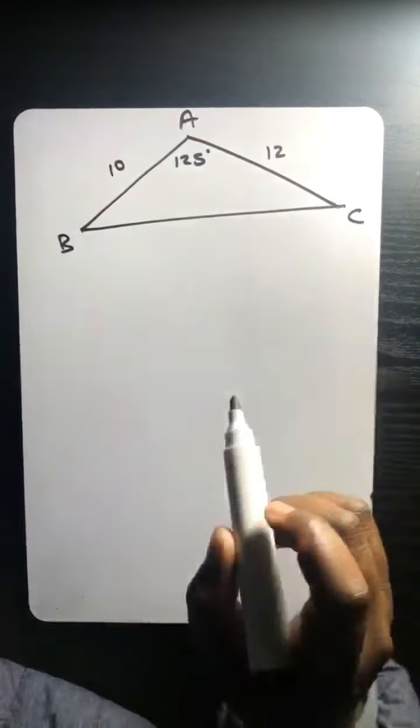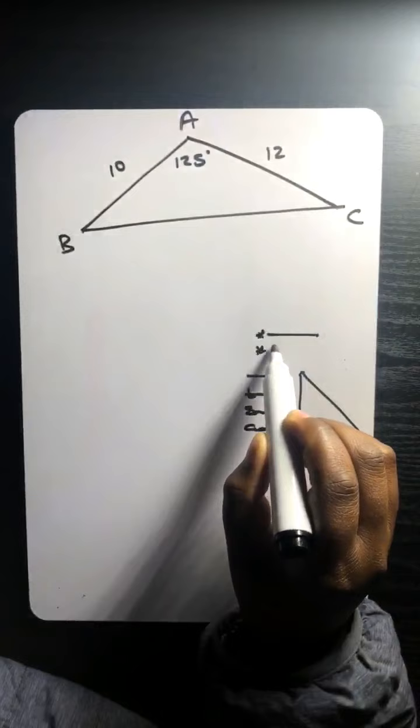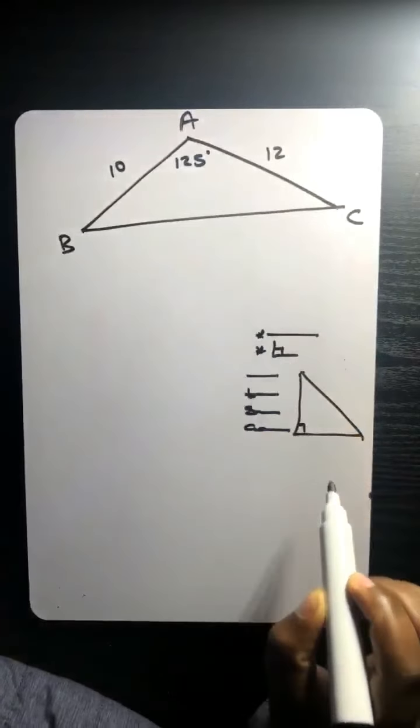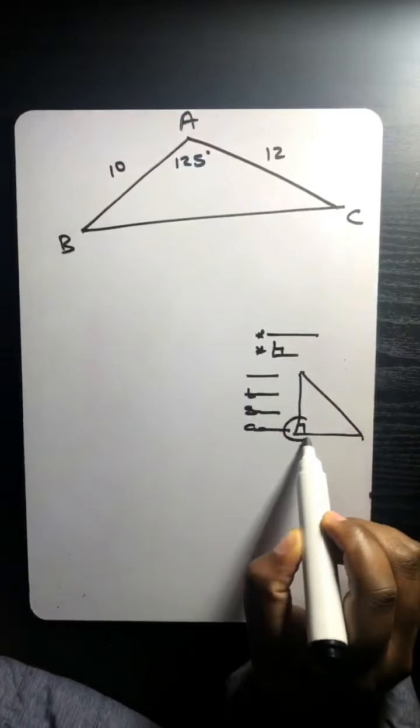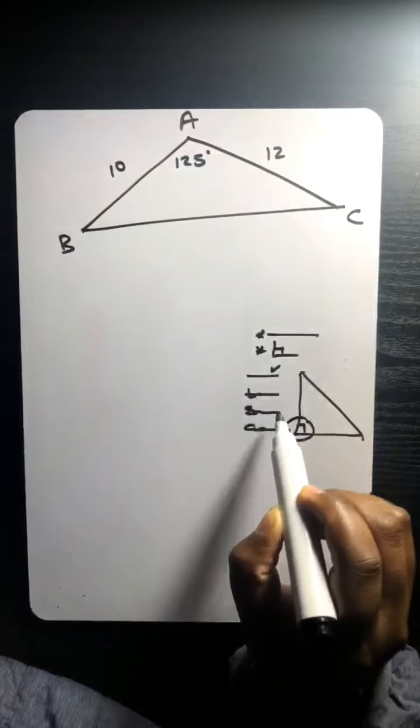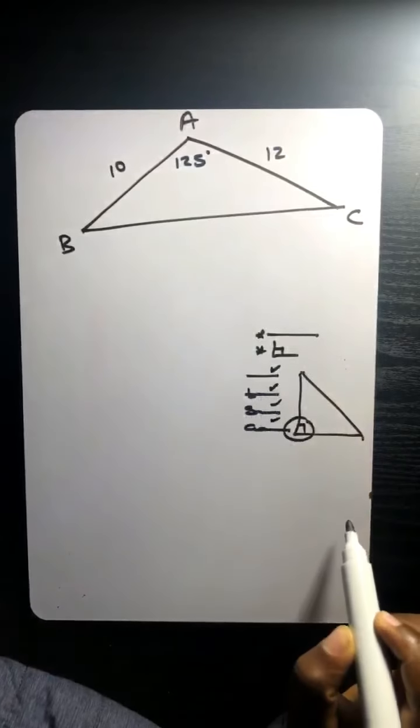How do you know you are having a right-angled triangle? You can know in two ways. It's either they are going to tell you in the statement, or otherwise you will see it by that sign. If you see this, then it means you are allowed to use the theorem of Pythagoras and the trig ratios.